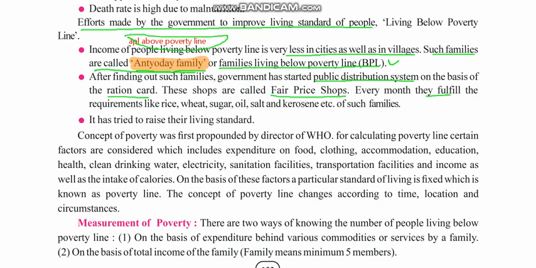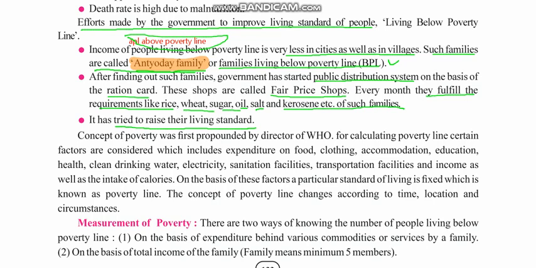Every month they fulfill requirements like rice, wheat, sugar, salt, oil, kerosene, etc. to such families. Those people who have a BPL card get these things from the government almost free or at a very nominal rate. The government is trying to raise the living standard. They are even provided with free medical facilities under various government schemes too.